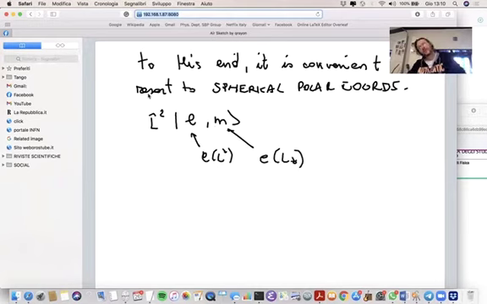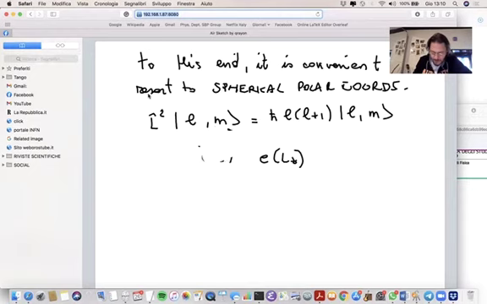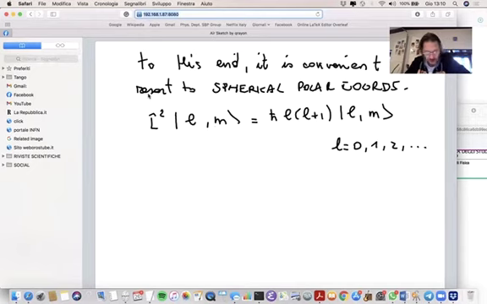If you solve that problem analytically, which of course I don't ask you to be able to do, you'll find that this is h bar squared L(L+1), and h bar M, where L is a number that can be 0, 1, 2, up to as long as you want.